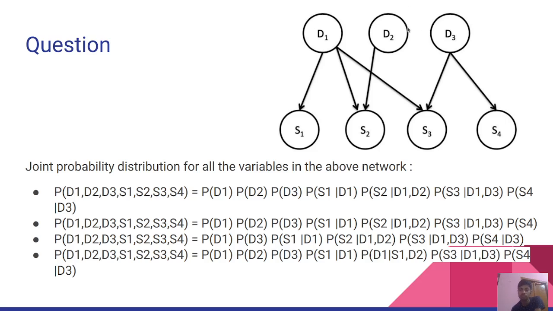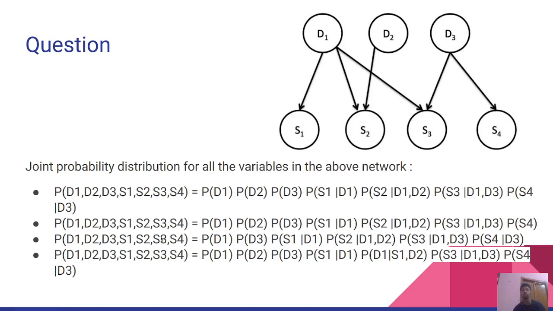So at first we'll take P of D1, P of D2, P of D3. Till this it is correct. Again this one also is correct, P of D1, D2, D3. And here we don't have P of D2. So this option is eliminated.